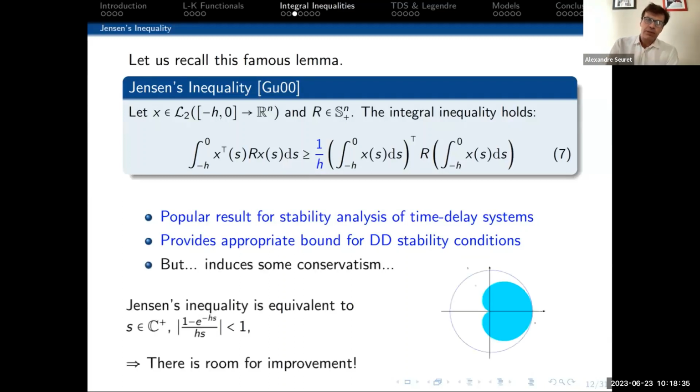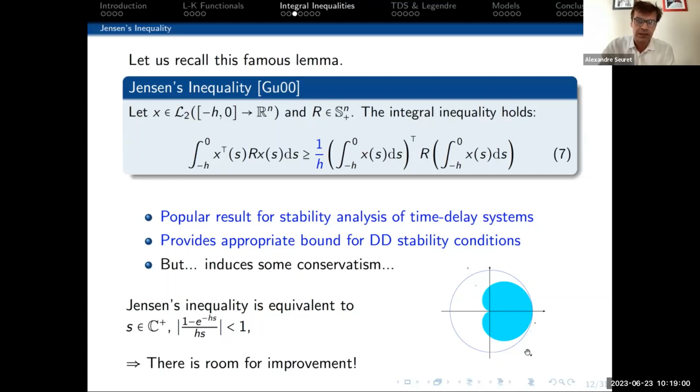But if you go deeper into the analysis of this inequality, using this Jensen inequality is equivalent to bounding this expression in the complex plane. If you look at the picture, this corresponds to bounding this blue area by the blue circle.